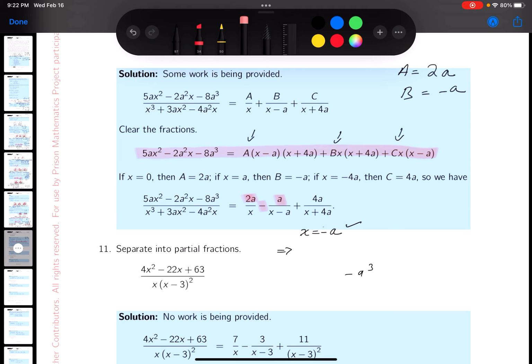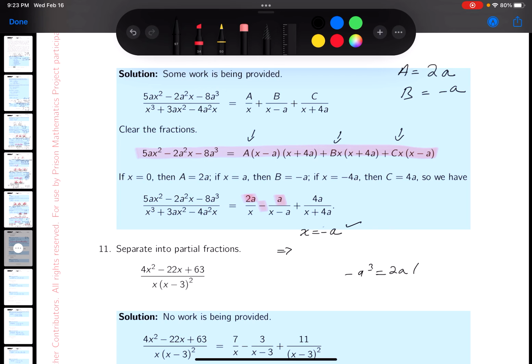Here comes my problem. I got to plug it in on the other side. And again, it's going to be tough. All right, now let me write this over here. Equals, whoops, I got to get my pen out. It equals A. Do I know what A is? Yeah, it's 2a. I'm not going to write that down anymore. So 2a. And I chose minus a, right?